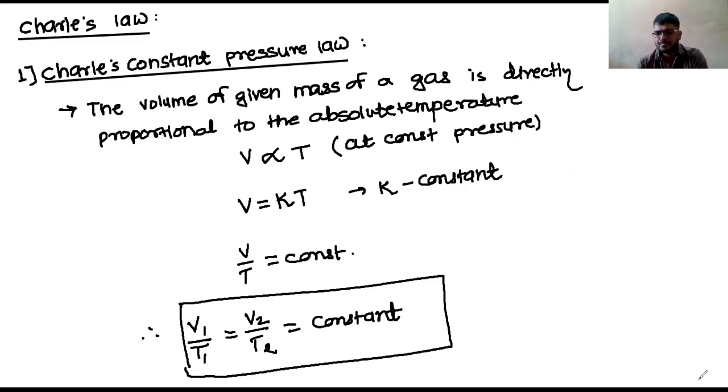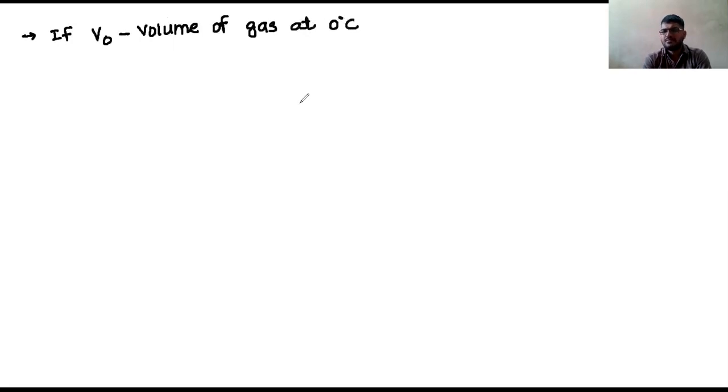Okay, next. Now see here, suppose V0 is the volume of gas at 0 degrees Celsius, and suppose Vt is the volume of gas at t degrees Celsius.